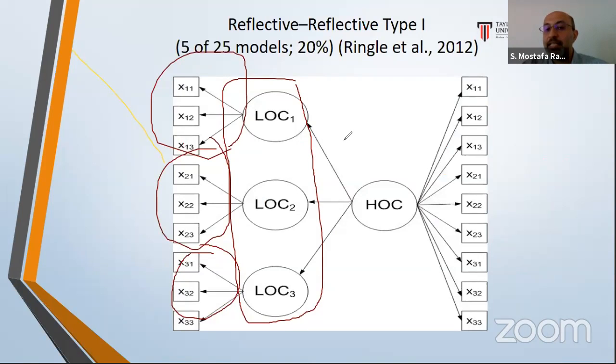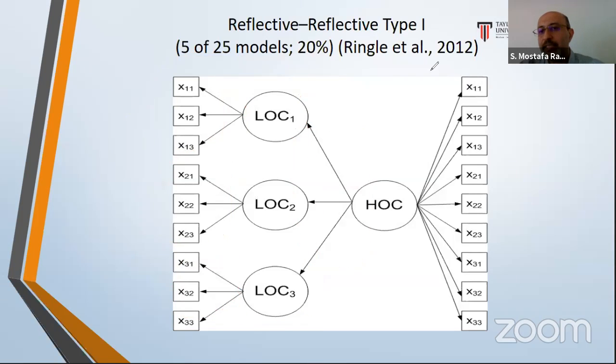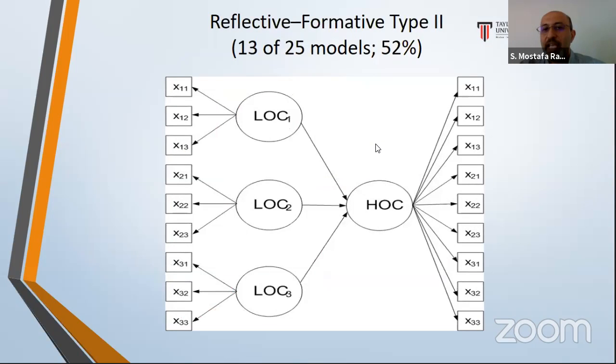So in the second level we have reflective first order or lower order constructs, and these reflective first order constructs reflectively create the higher order or second order. So this is type 1 or the first type of the higher order construct. And this is one of the common types of higher order construct.